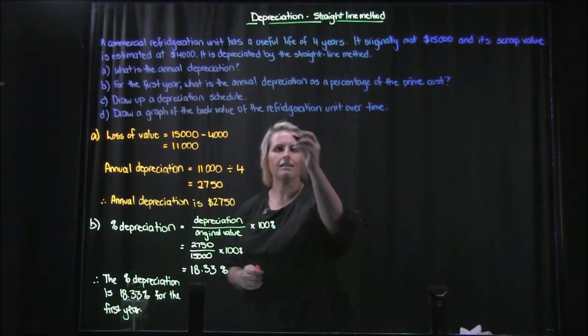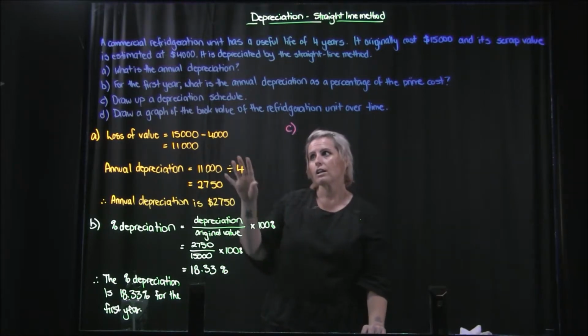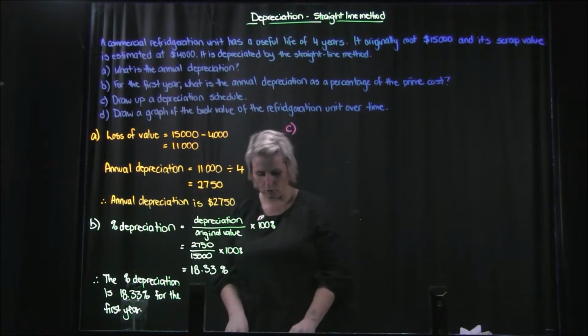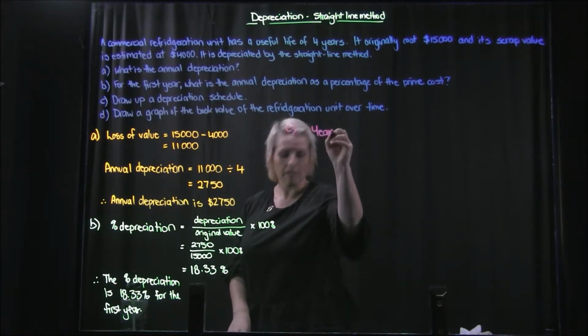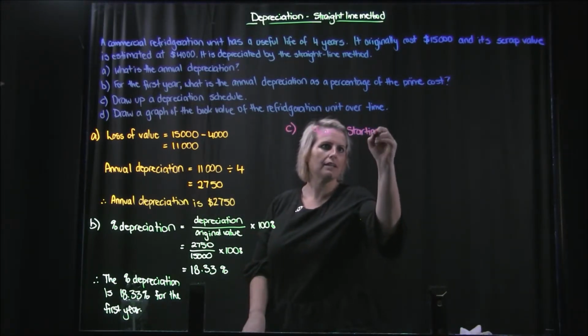C, we're looking at constructing a table. So, draw up a table, a depreciation schedule. So what I need to do is draw a table. I'm going to start with the year, starting value. These are my column headings.